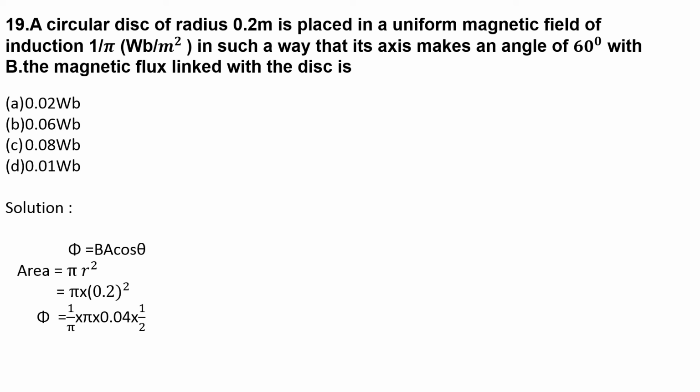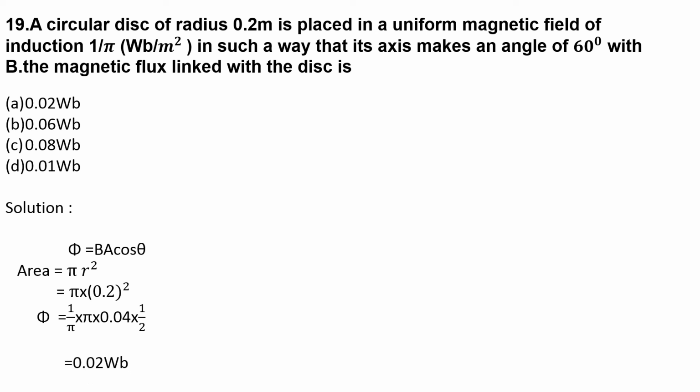Next, substituting this area in the magnetic flux formula, phi equals B, 1 by pi, into A, pi into 0.02 square, that becomes 0.04, into cos theta. Here theta is 60 degree, cos 60 means 1 by 2.